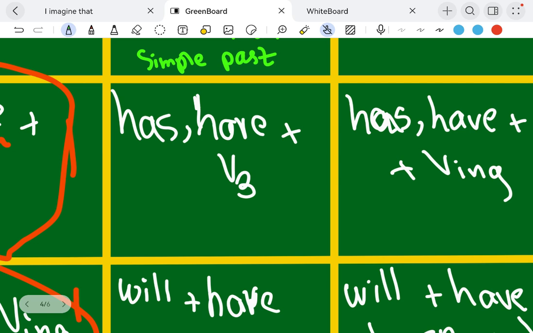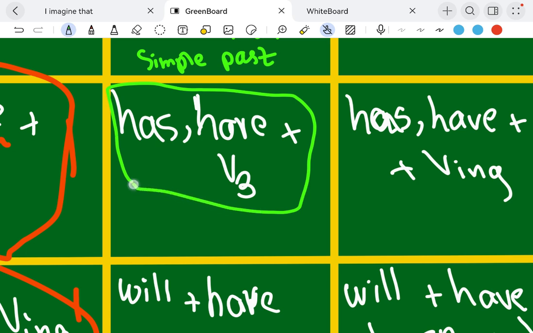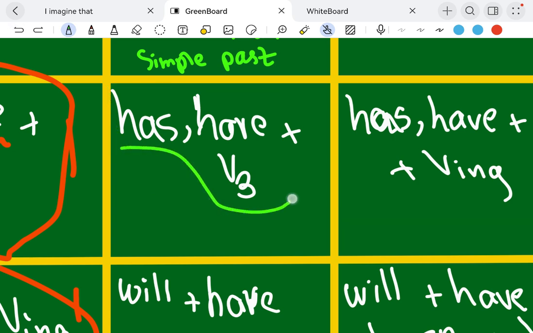So now let's take a look at present perfect. The form of present perfect is has or have plus verb 3. So when do we use present perfect tense? For present perfect, we have more to talk about.